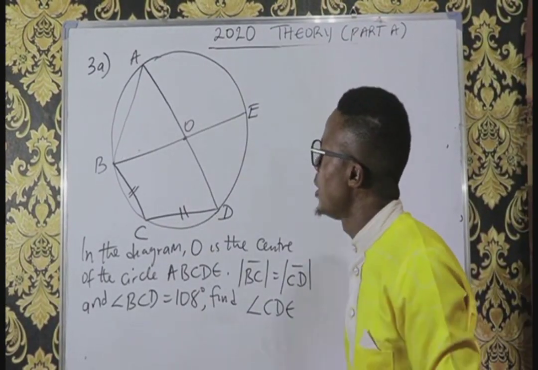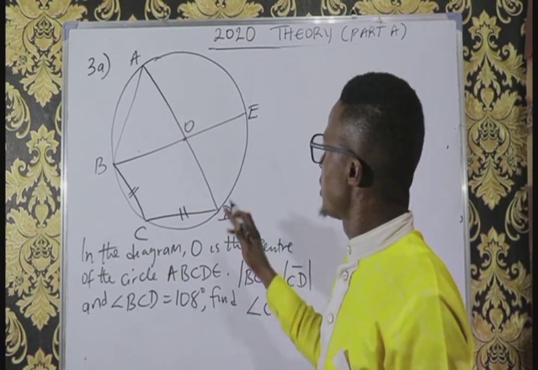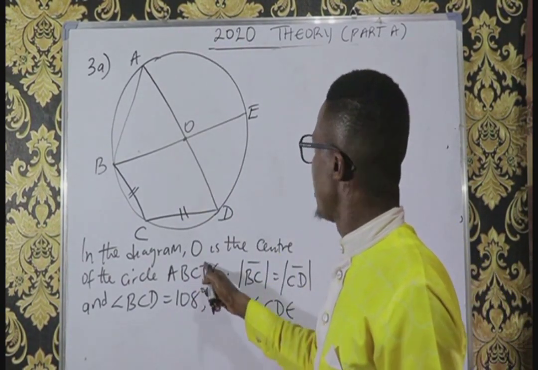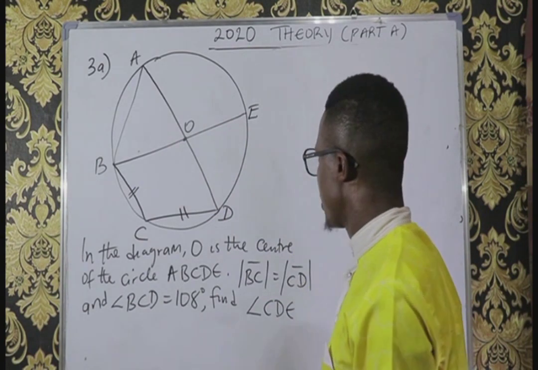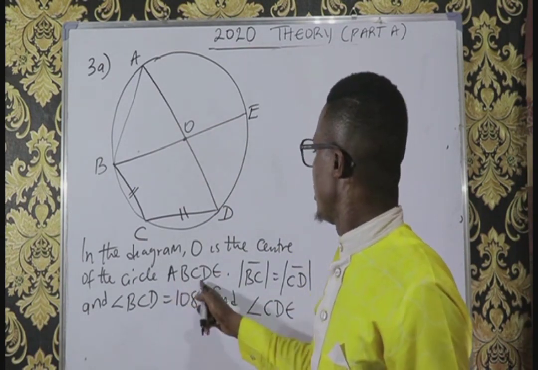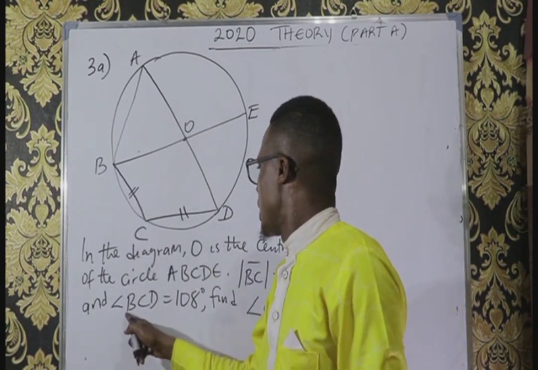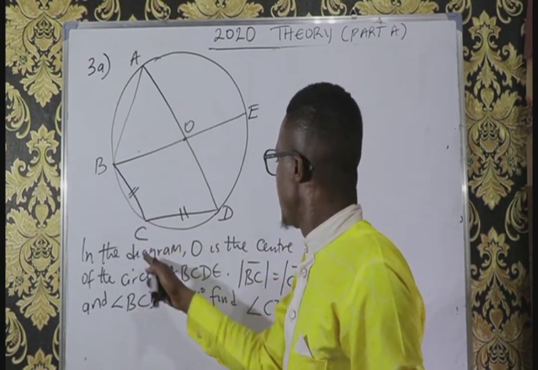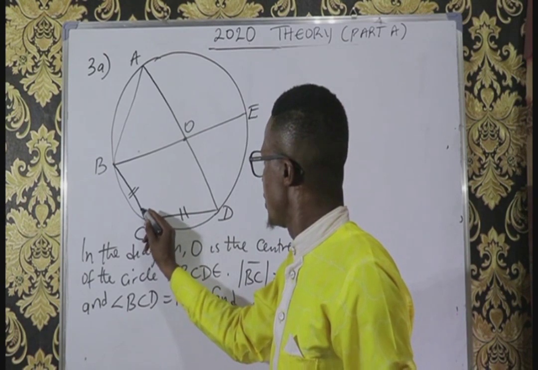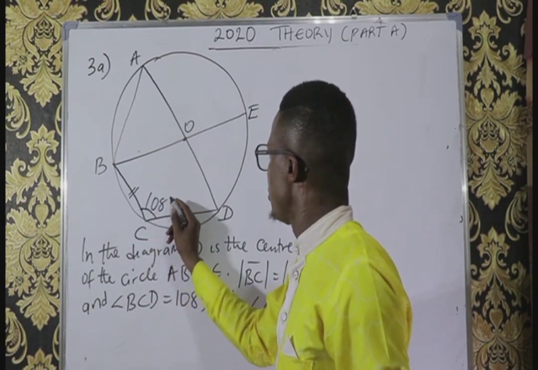Okay. In question 3a, we are given this particular circle, and we are told that in the diagram O is the center of the circle, and the line BC is equal to line CD, you can see it, and the angle BCD is 108, so this angle here is 108 degrees.